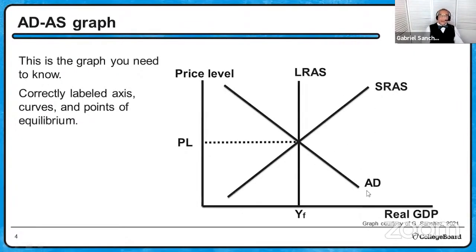And then the points of equilibrium, price level is traditionally labeled PL, and output or full employment will be Y or YF. Now, that being said, on your actual test, they may ask you to label price level PL1 or PLE or output Y or full employment YF. Whatever they ask you to graph, that's what you should do. So that's the graph. We're going to be drawing it a couple times tonight in some questions. So look at it, make sure you know it.